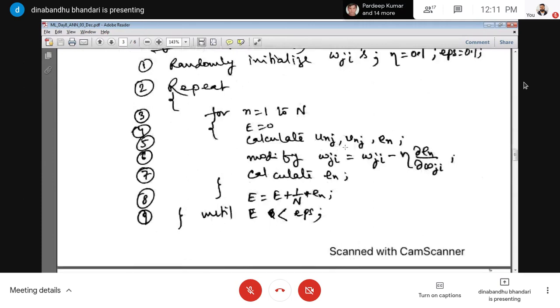You calculate Unj, that is summation xni Wji, then Vnj, which is phi of Unj, and then you use those Unj, Vnj, and phi dash to find the modified Wji.